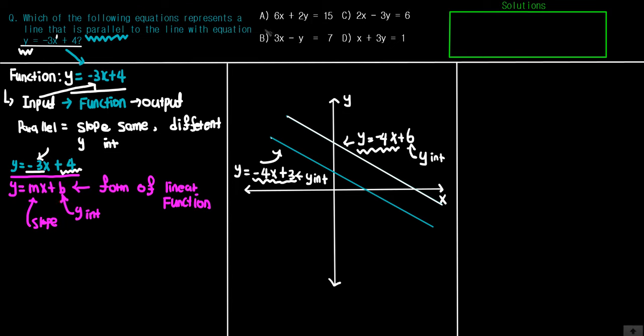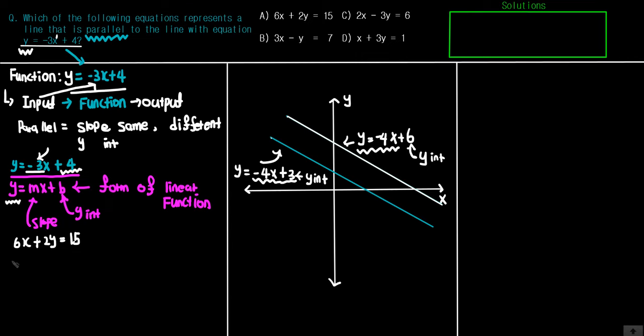So at first, if you look at our first choice, A, 6x plus 2y is equal to 15, we can write that down here. That's 6x plus 2y, and that is equal to 15. In order to isolate the y term on the left side, all we have to do is move everything else on the left side to the right side.